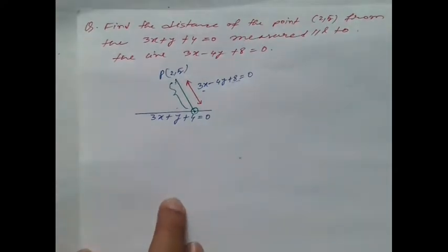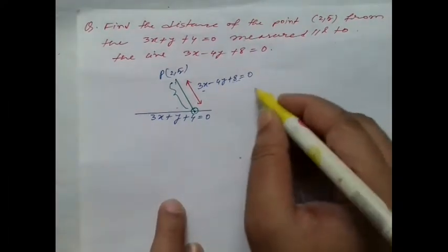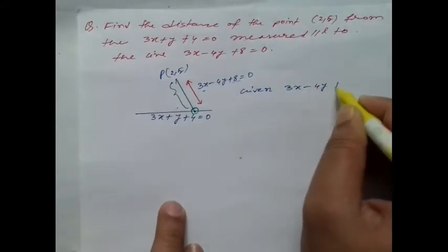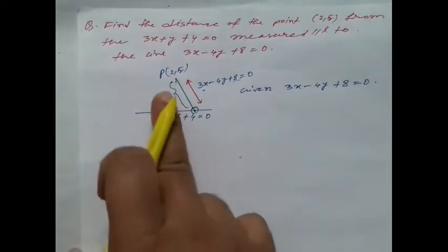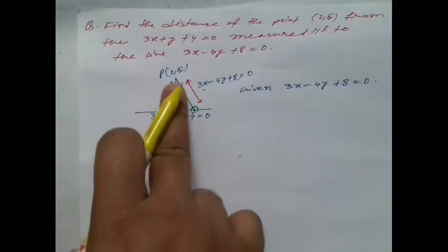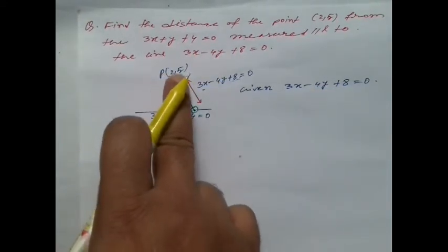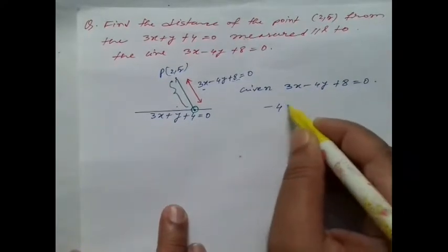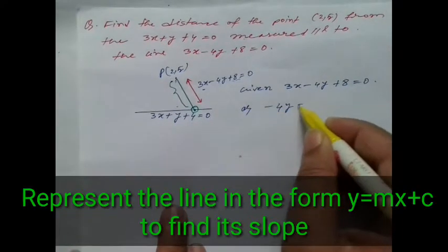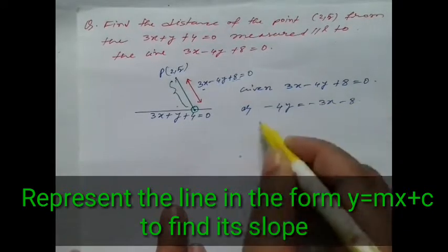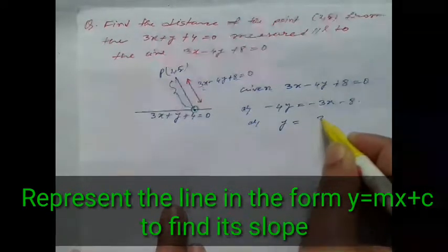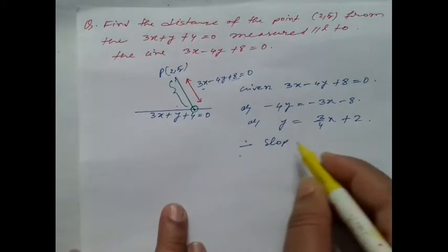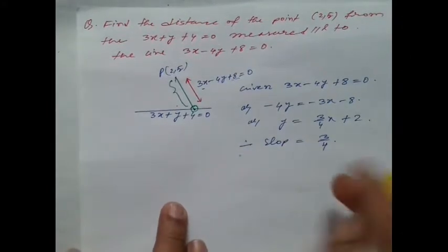Given 3x minus 4y plus 8 equals 0, we have to get a line parallel to this line passing through this point. So naturally we have to find the slope of this line: minus 4y equals minus 3x minus 8, or y equals 3 by 4 x plus 2, therefore slope equals 3 by 4.